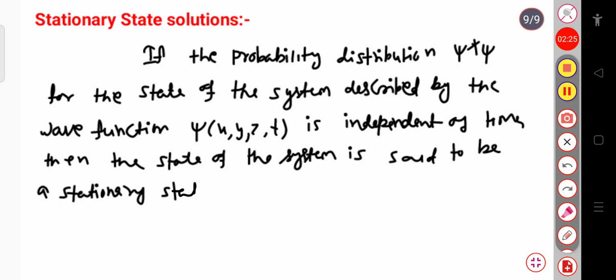In order to find the stationary state solution of the Schrodinger equation, we can apply the method of separation of variables.